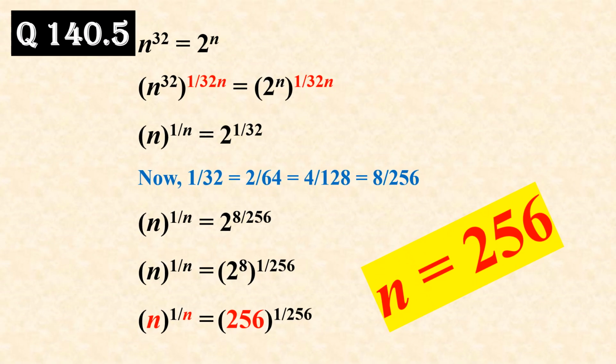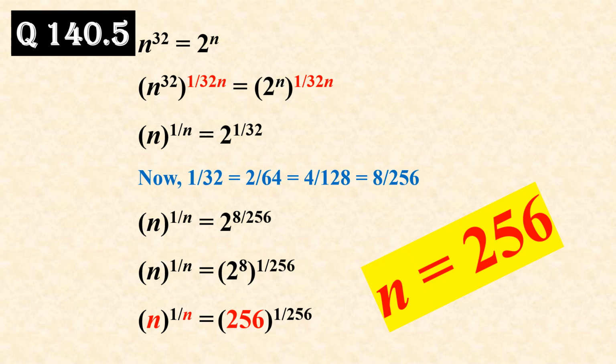Answer to the last question, 140.5. N power 32 is equal to 2 power n. Product of exponents 32n. Raise both sides to power 1 by 32n. We get n power 1 by n is equal to 2 power 1 by 32.